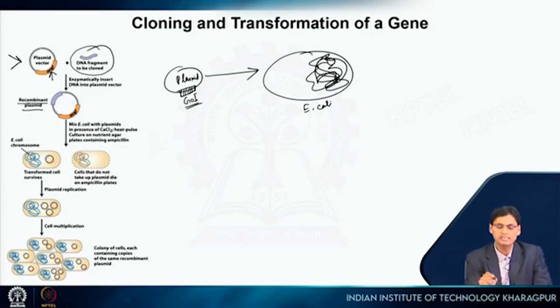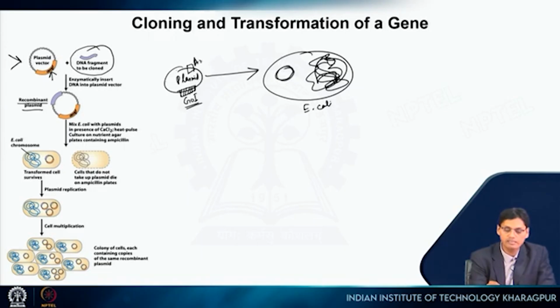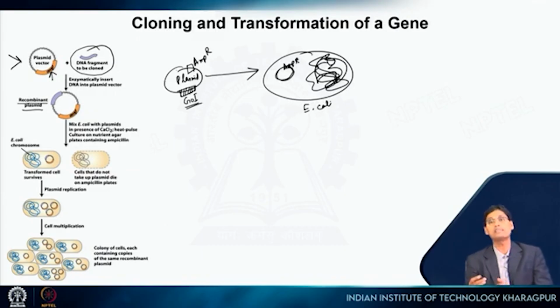As a result, if you grow this E. coli cell in some liquid media, for example, and that media contains the antibiotic ampicillin, then this bacteria will not survive. But if you have this plasmid inside this bacteria, the plasmid has the ampicillin resistance gene. So if the plasmid is present inside this bacteria, then this bacteria will survive in the presence of ampicillin.